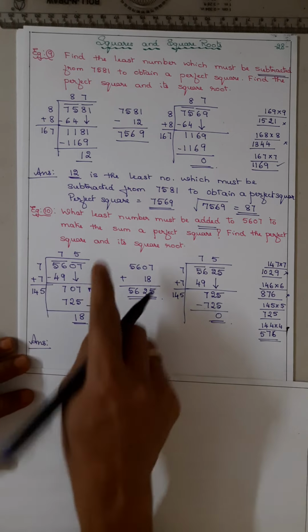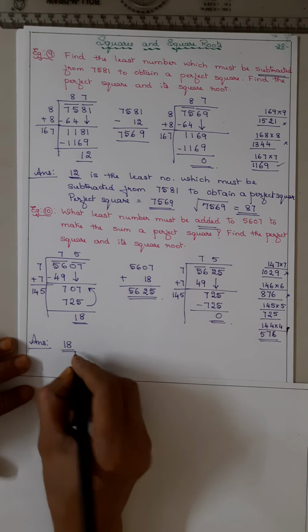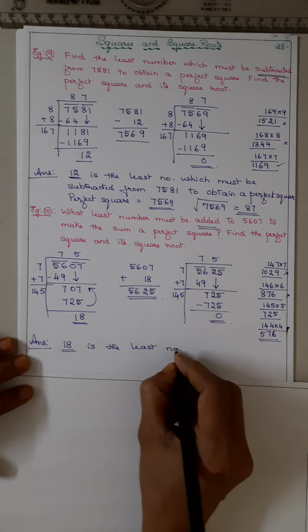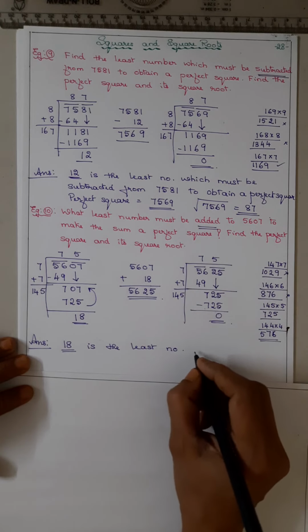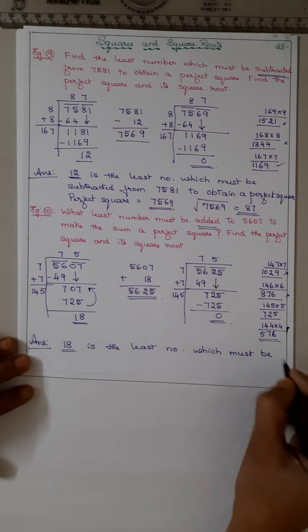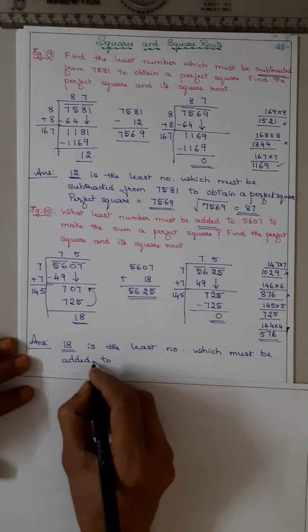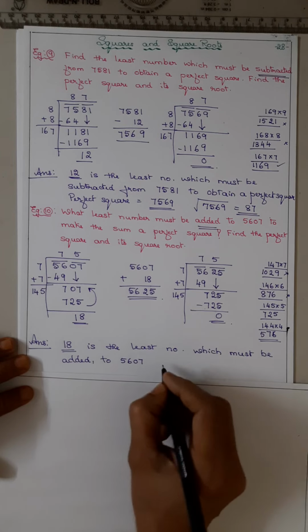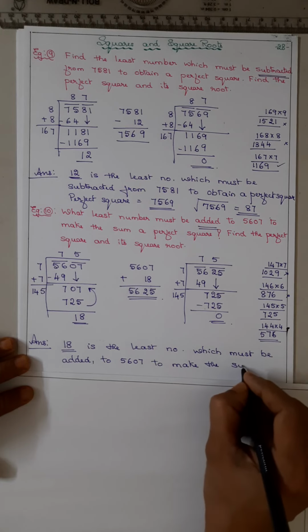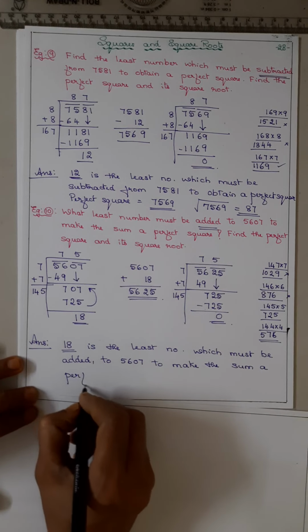Which is the number to be added? 18 is the least number which must be added to 5607 to make the sum a perfect square.